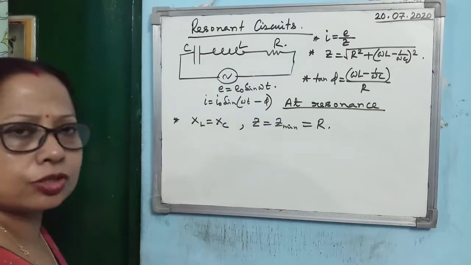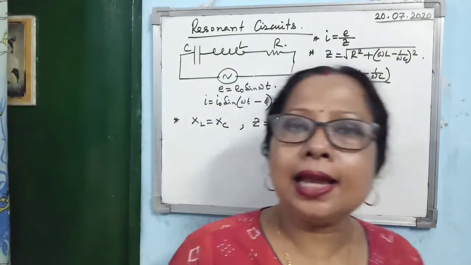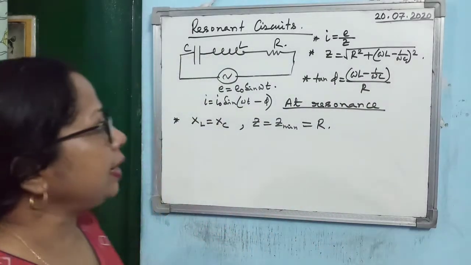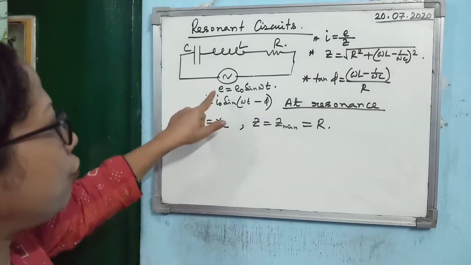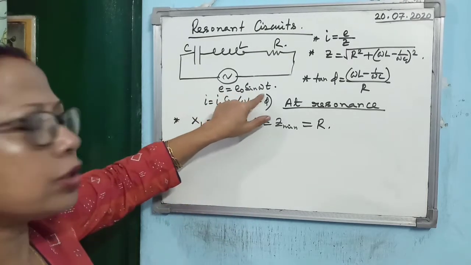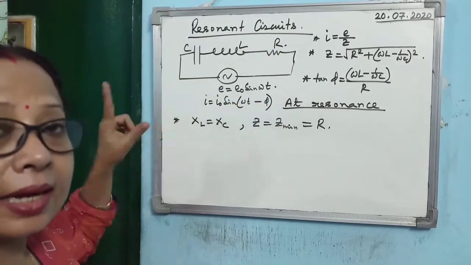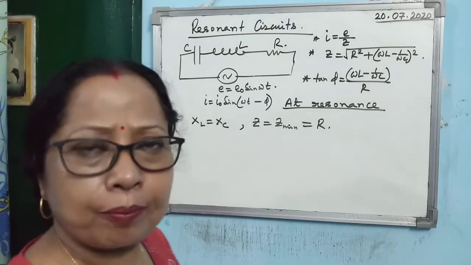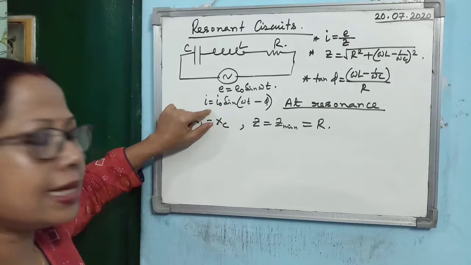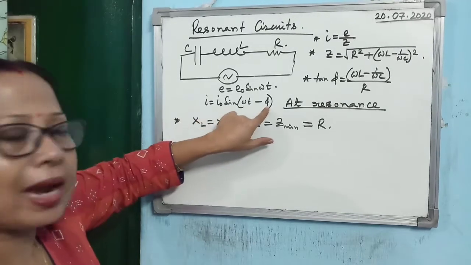So what is a series resonating circuit? When L, C and R are joined in series with the alternating current source, then you know the EMF is given by E is equal to E0 sin omega t. The current I lags behind E. I hope you can remember the phasor diagram for it. Then I is I0 sin(omega t minus phi).